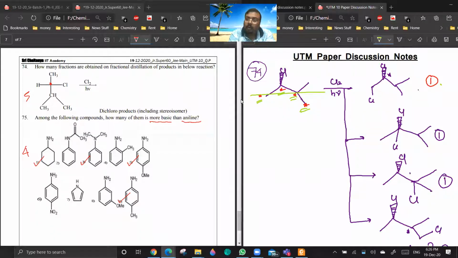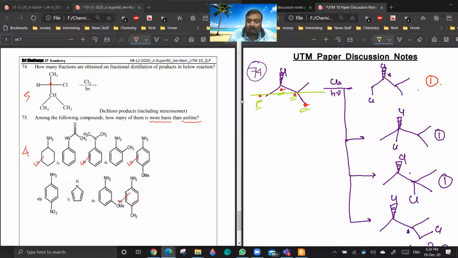Yes, sir. Okay. Now I am putting it one by one. For the first, the chlorine is here. It is already a chiral center. Here also it is a chiral center. But since this chlorine is fixed, it is representing a single product, because the other configuration is not possible. Is it clear?